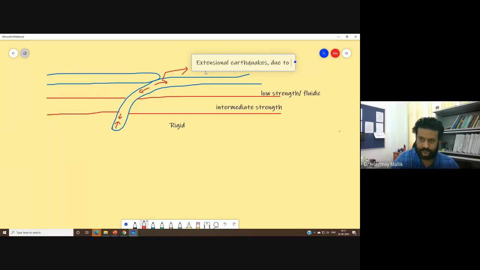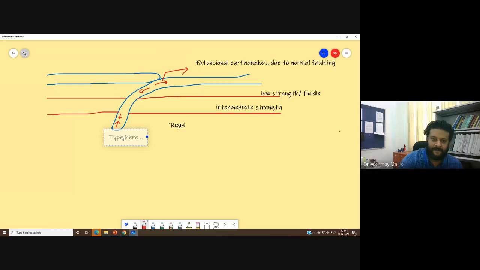But at the bottommost part, the deeper earthquakes, the earthquakes whose epicenters are at a depth, in case of a subduction zone, we observe the deep focus earthquake.